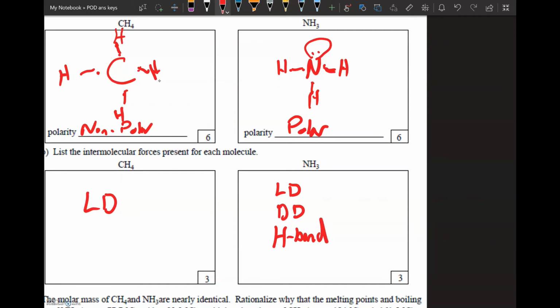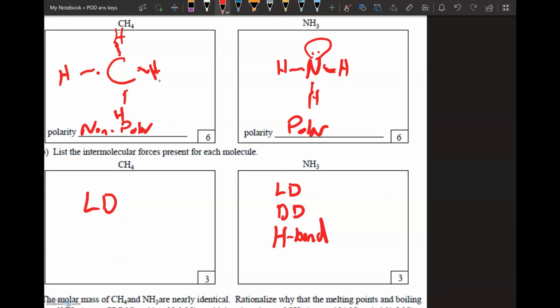Now, these two molecules are very similar in size and shape, but there's a huge difference in the type of intermolecular force of attraction. The NH3 molecule has hydrogen bonding, which again is one of the strongest intermolecular forces.